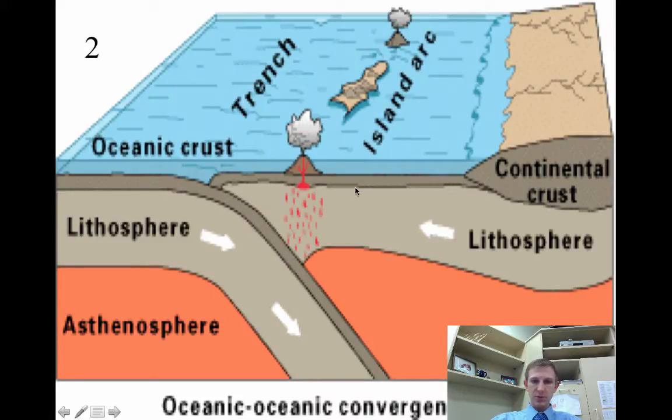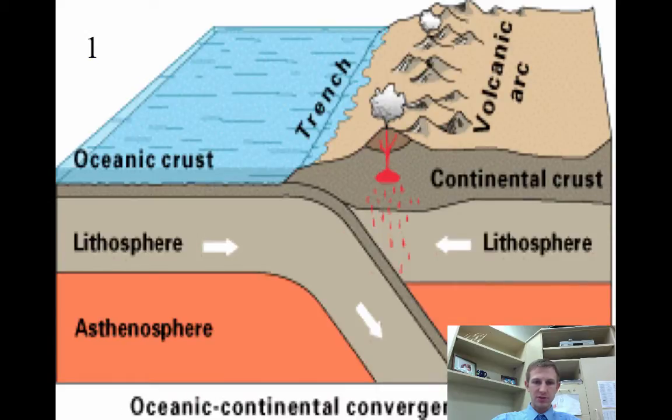All right, here we're going to look at oceanic to oceanic. In this, it's pretty similar to what we saw before, but we have one oceanic crust that is for some reason slightly more dense. If you guys look here, it bends the upper crust a lot more, and we get deeper trenches with these oceanic to oceanic boundaries.